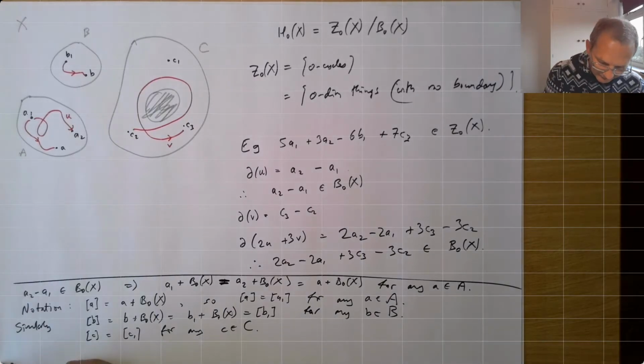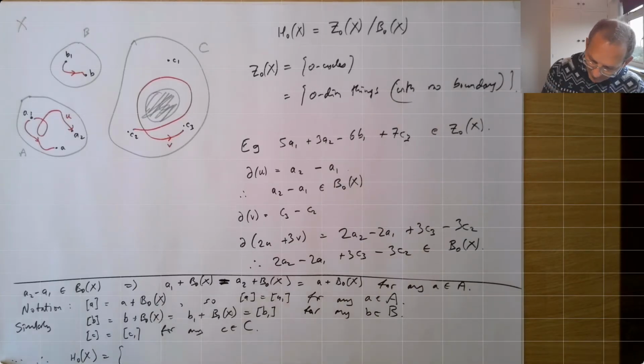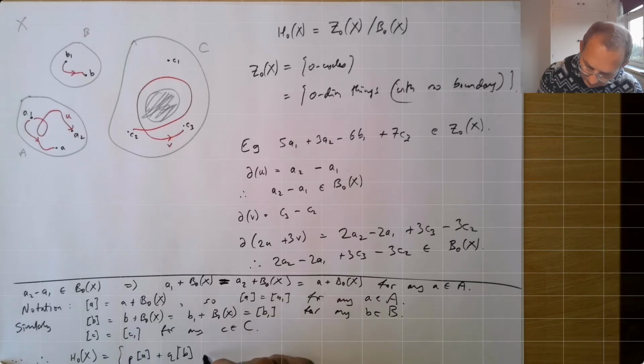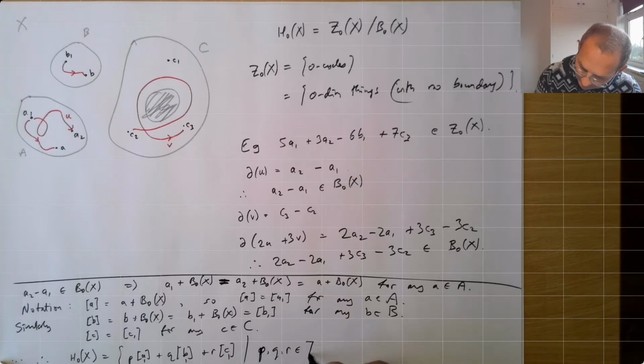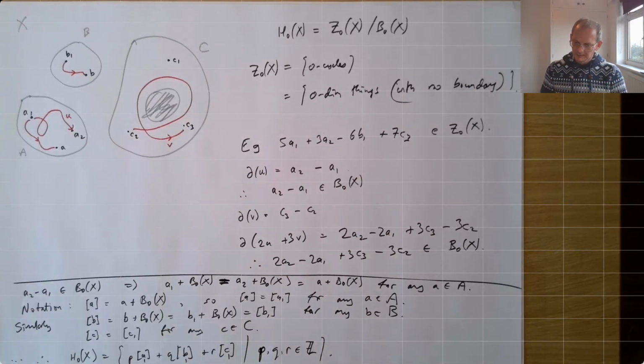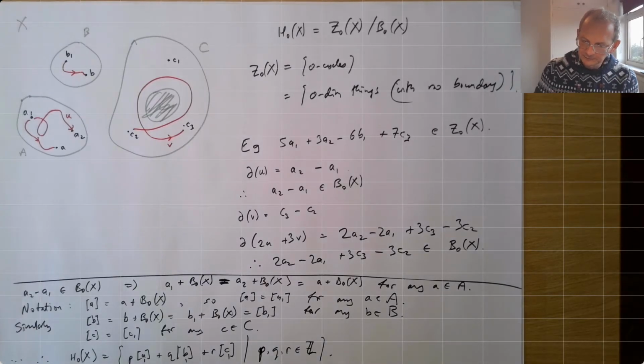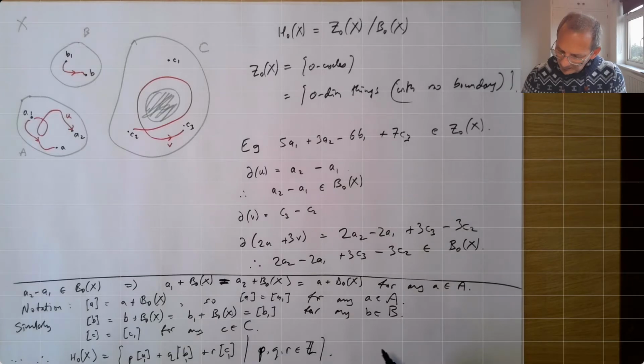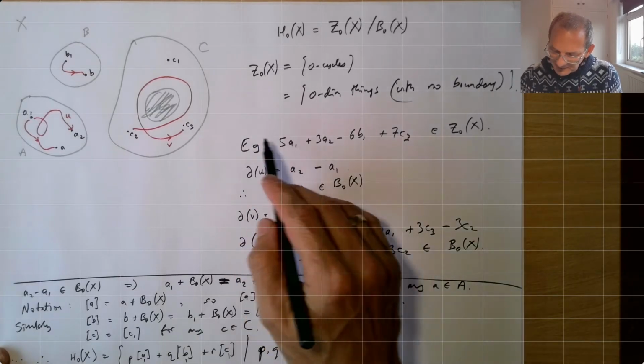And using this, we conclude that our H0X is a set of combinations like, for example, this thing that we wrote before.